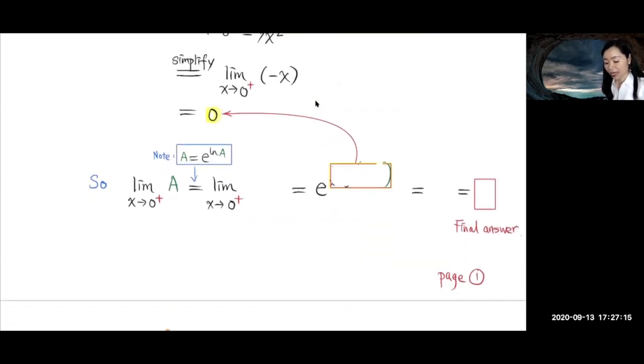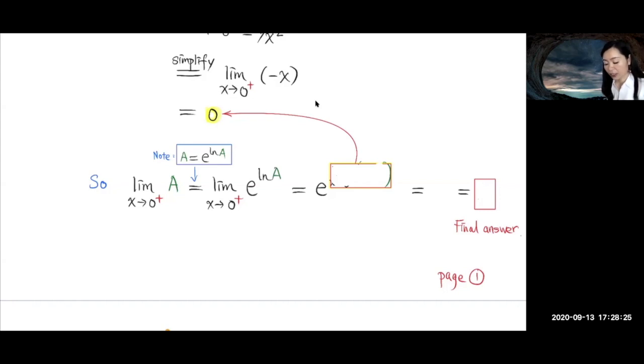First, you notice that a is equal to e to the Ln of a. The exponential function with base e and the log function with base e are inverse functions, and they cancel to give back a when the bases are the same. So we can replace a by e to the Ln of a.